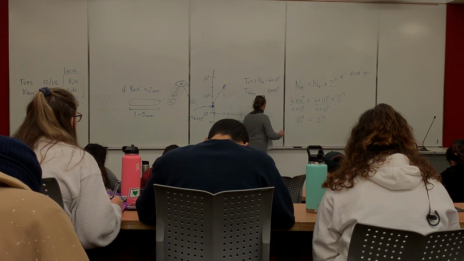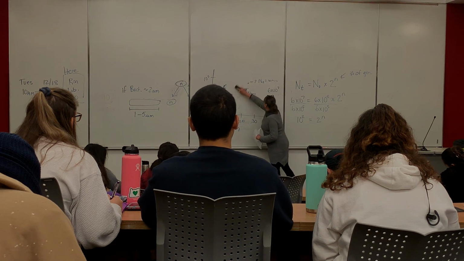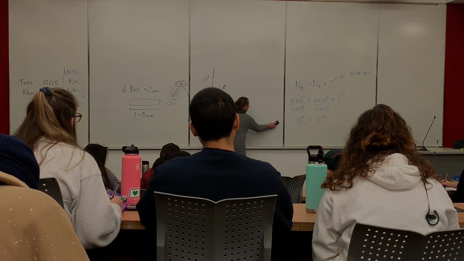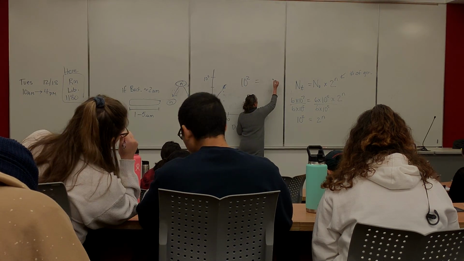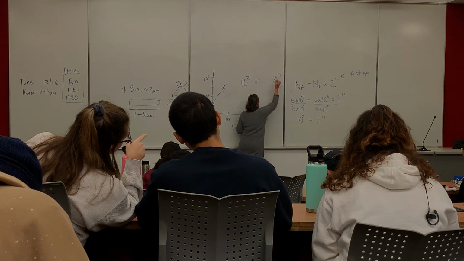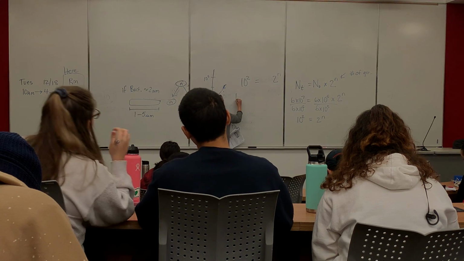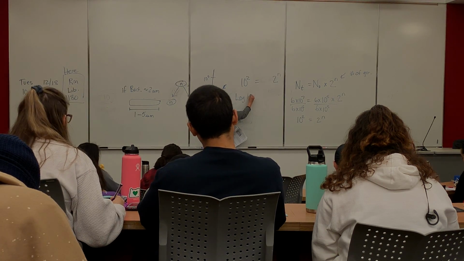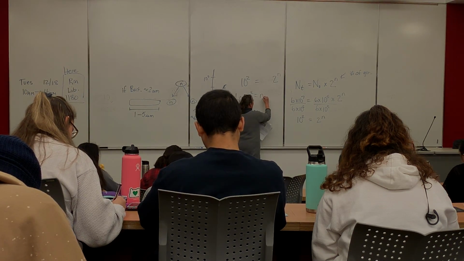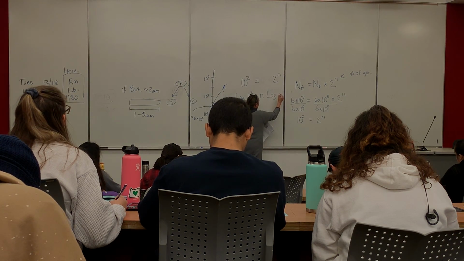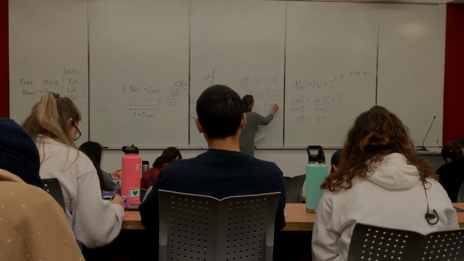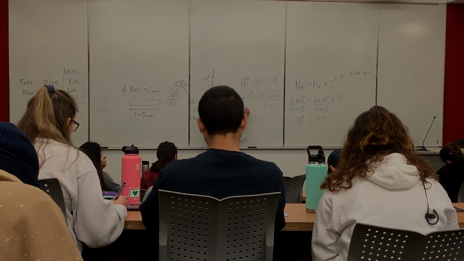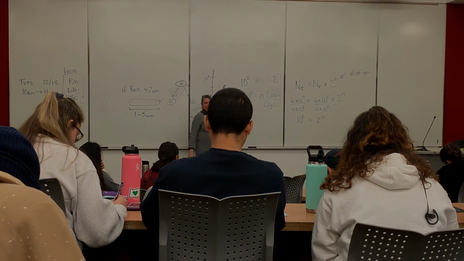So if we have 10 squared equals 2 to the n, we could say log of 10 squared equals n log of 2, and then divide both sides by log of 2, and that'll give you the number of generations.